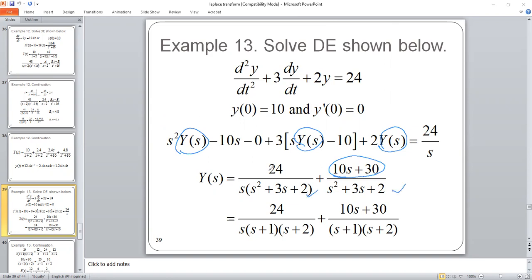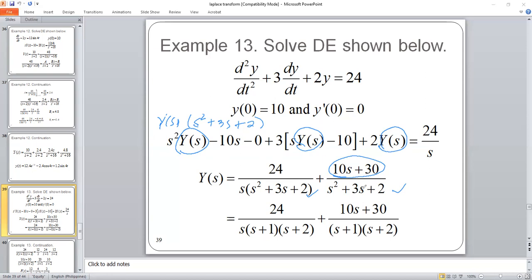This is an s only for the 24. Why have this and this? It came from the factor of the y of s here, because if you isolate y of s on the left side, its factor is s squared coming from here, plus 3s from here, and plus 2. So you keep only the y of s here, so you need to divide the entire equation by s squared plus 3s plus 2. That's the reason why you see an s squared plus 3s plus 2.